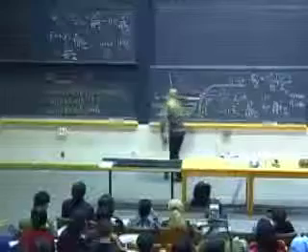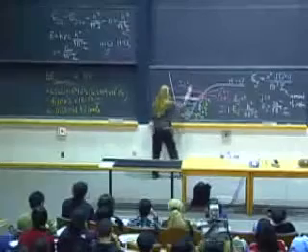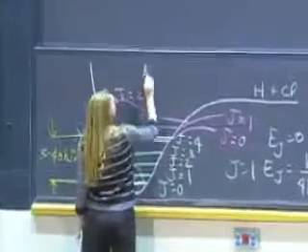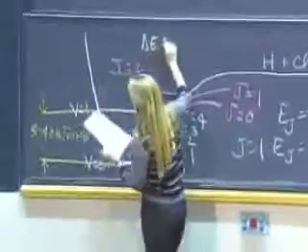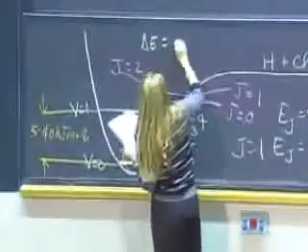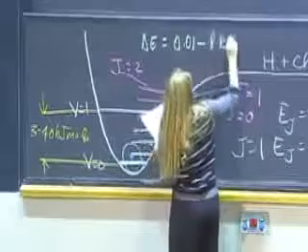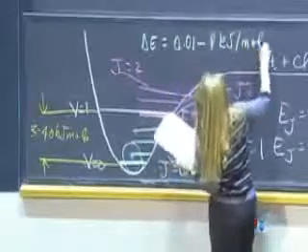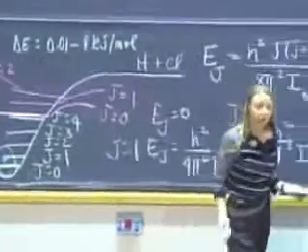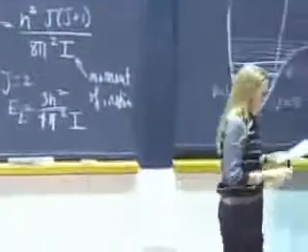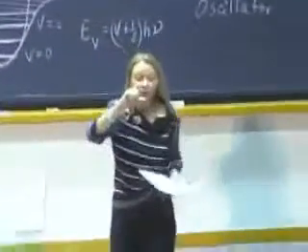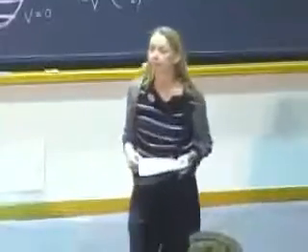The energy difference for rotation, delta E, is more on the order of 0.01 to about 1 kilojoule per mole. That's what is typical. All right? So rotations are much more closely spaced in energy.